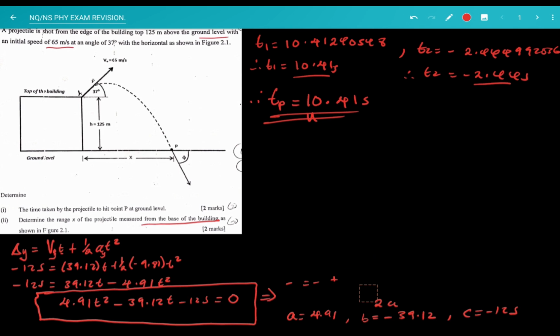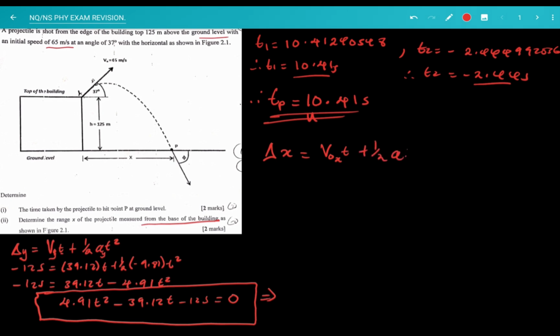Okay, so we now have enough space. To find the range, the range is acting in the x, so we're going to use the values of the x component. We know that the change in x is equal to the initial speed in the x times t plus half a in the x t squared.